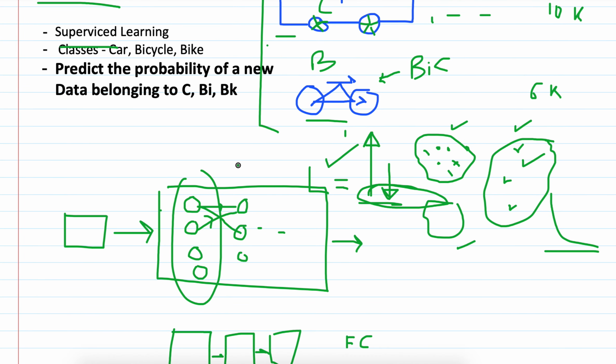So this model is now trained and we give a new image. So let's say it's an image of a car.